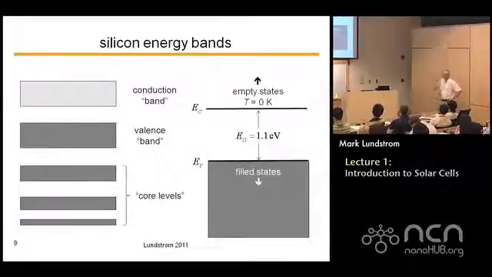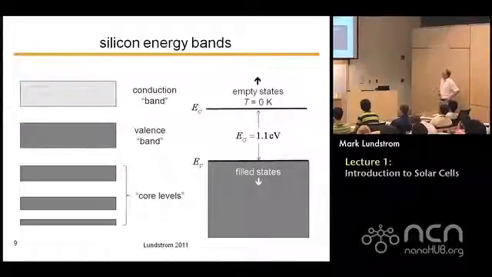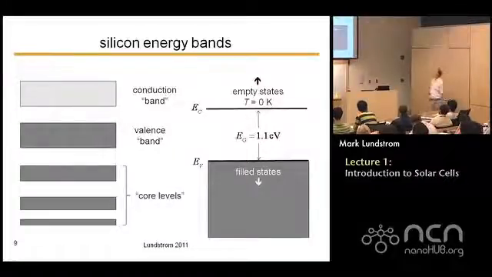So, if we draw an energy band diagram, we only worry about the bottom of the top band, which at 0 degrees is empty, and the top of the filled band, and at 0 degrees, all of those states below the top of the band are filled. And the band gap is a material parameter. For silicon, it's 1.1 electron volts. For gallium arsenide, it's 1.4. Depends on what semiconductor we use.